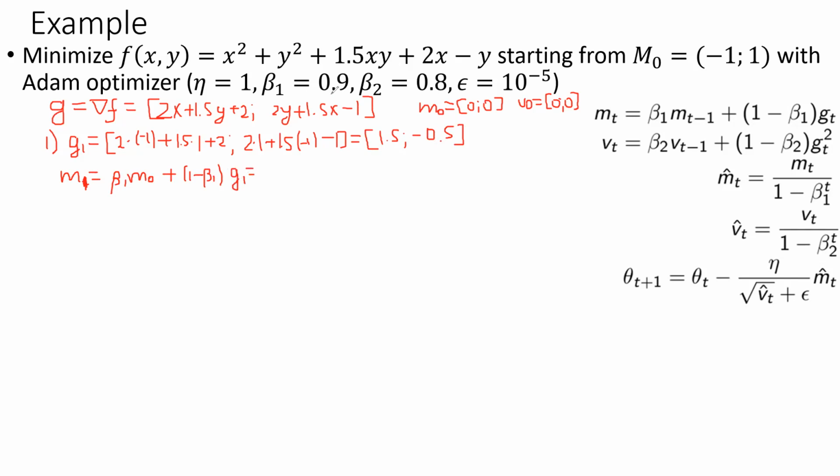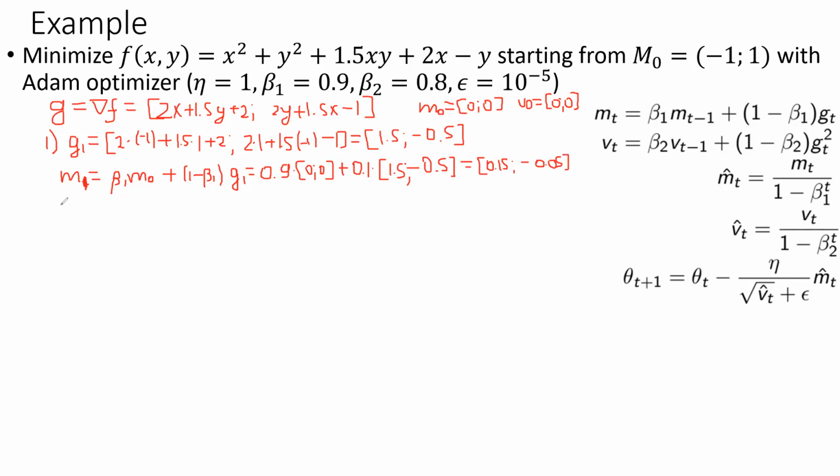So beta 1 is 0.9 multiplied by the 0 vector, which is m0. Then 1 minus 0.9 will be 0.1 times the gradient. And after all the calculations, we will have 0.15, negative 0.05.